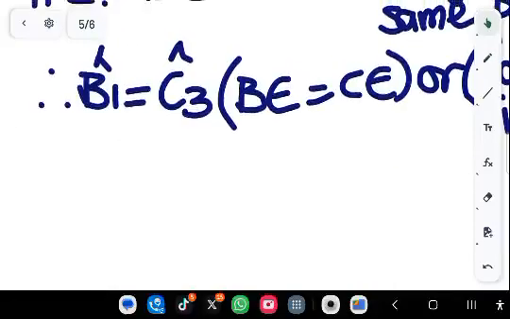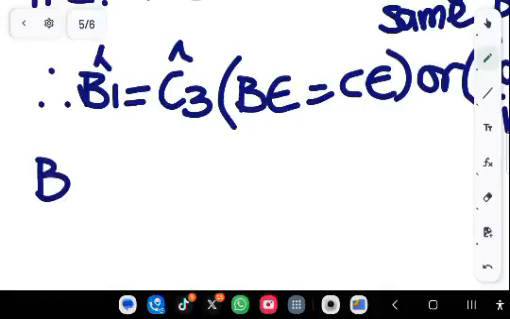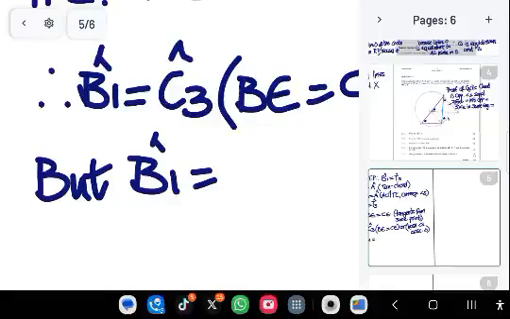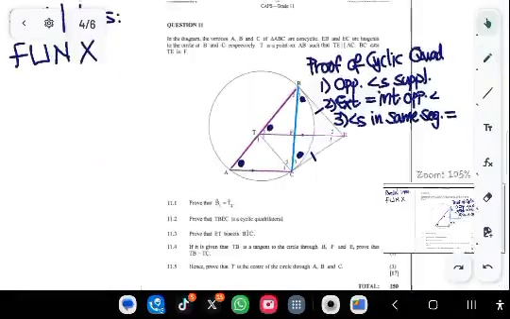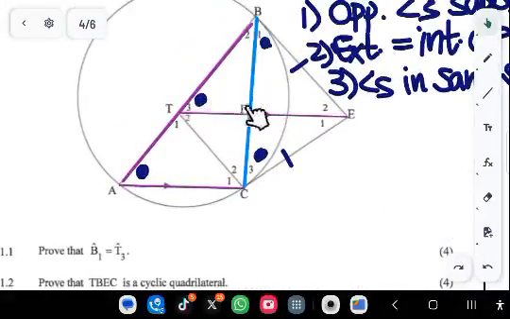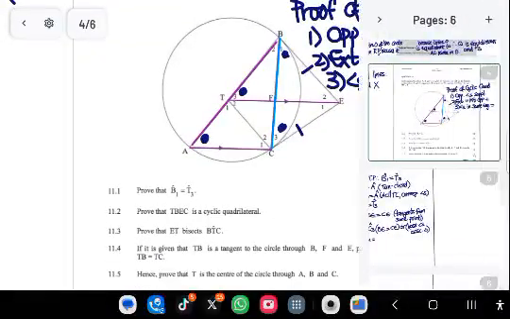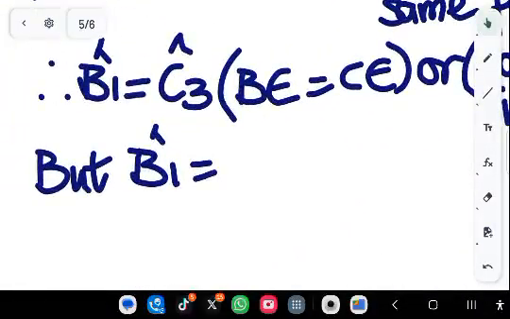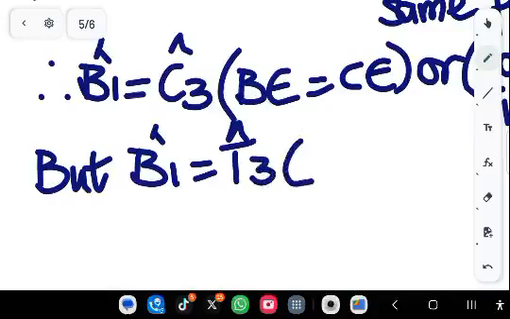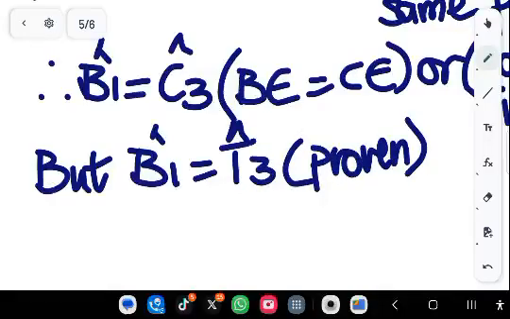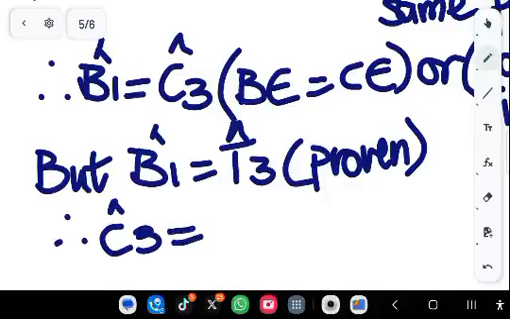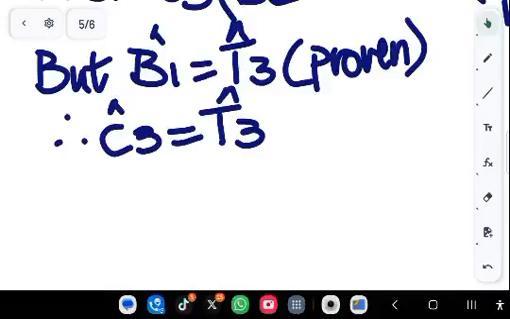Okay. Therefore, but B1 is equal to T3. Proven. We've already proven that. Therefore, angle C3 is equal to angle T3. And these are angles in the same segment.